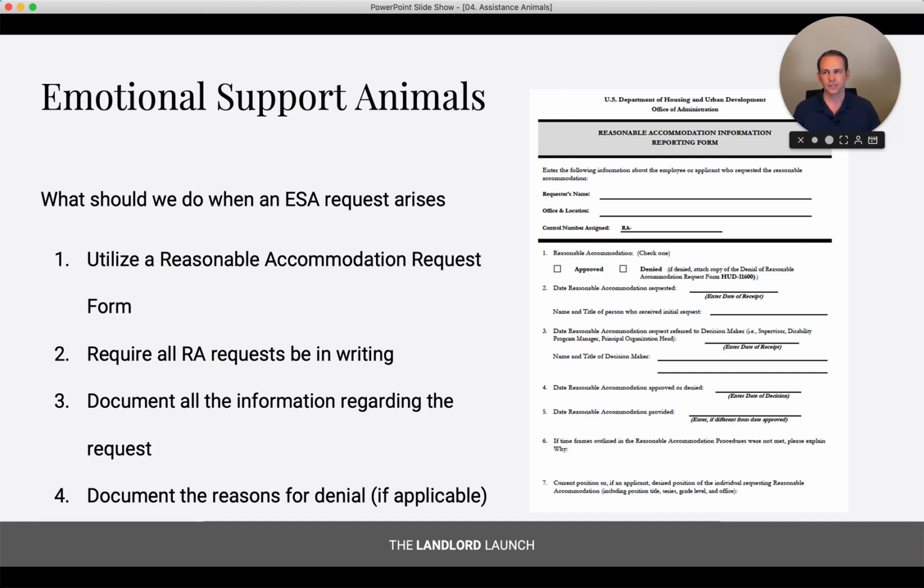You just have to make sure that it's not protected under the Federal Fair Housing Act or the ADA, and if it's not, and it's not reasonable, then it can be denied. There are some reasons why it would be unreasonable, and we'll touch on those in a minute. But you need to document that very well, because this is one of those hot spots.